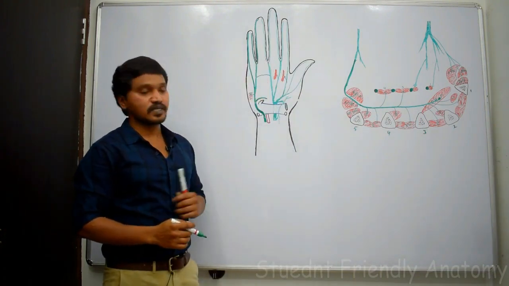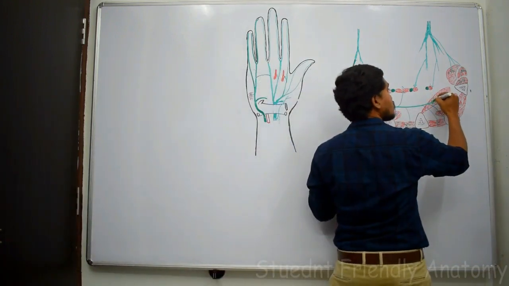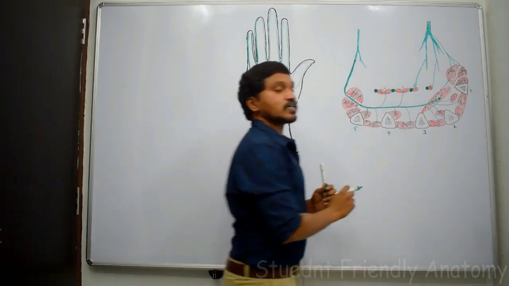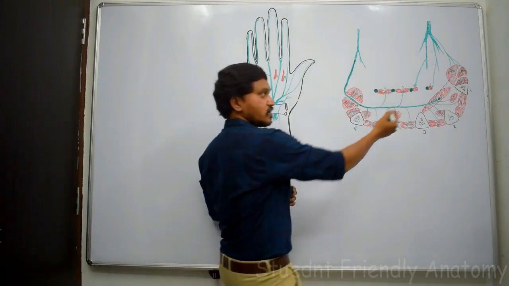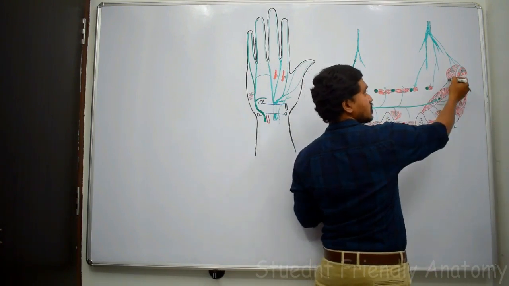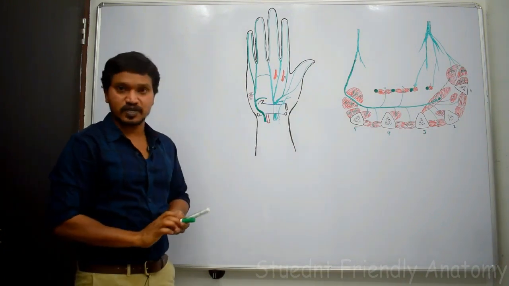Then occasionally it may supply the deep head of, what is this muscle? Flexor pollicis brevis, right? So it may supply that; that's what I have drawn with dotted lines. So this is how it will be distributed.